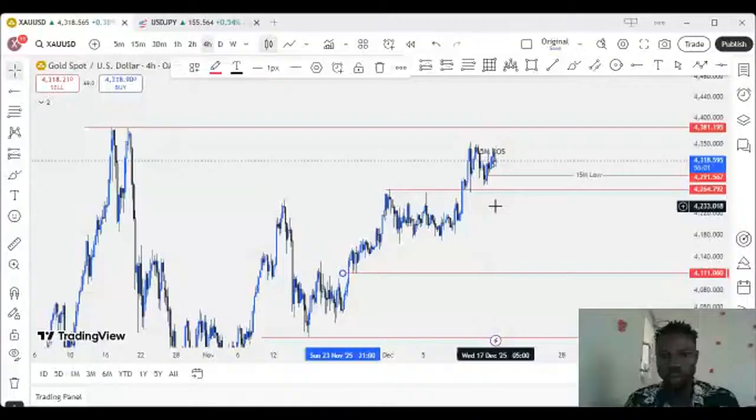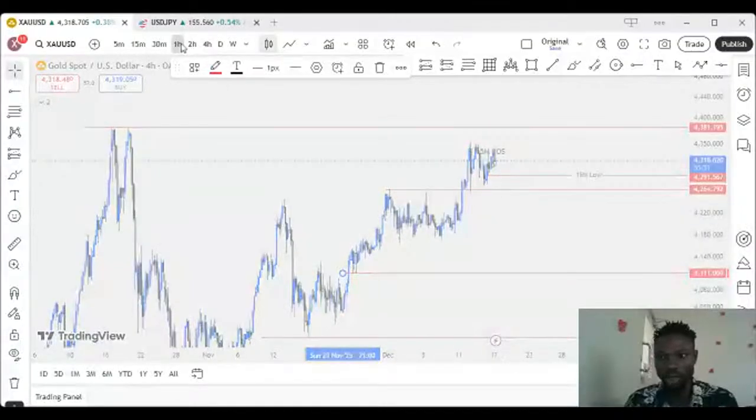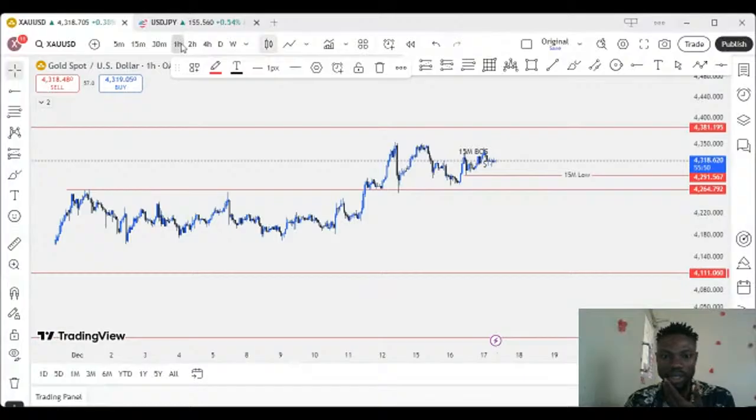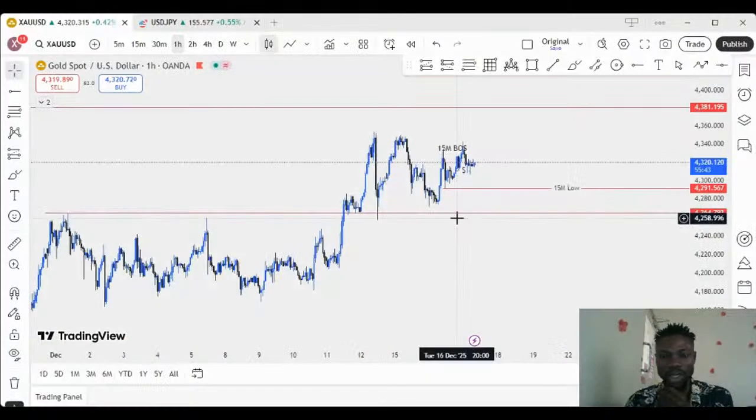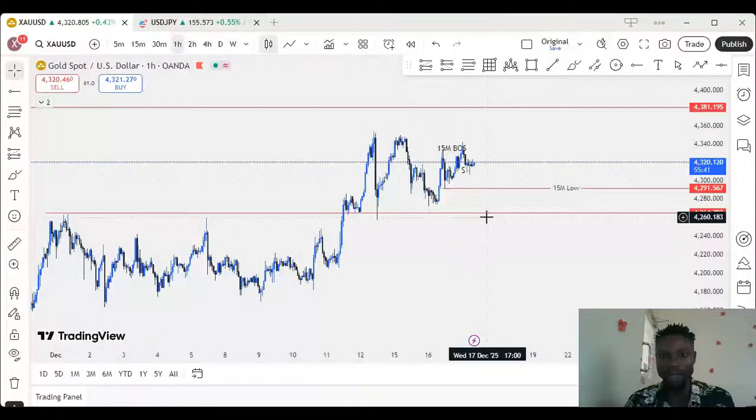So I will go to the 1 hour time frame. What is the 1 hour actually doing? The 1 hour is saying we are at a flip zone, where the support just broke, and it's now standing as a support level. It was a resistance level when the market was here, and now it is a support.